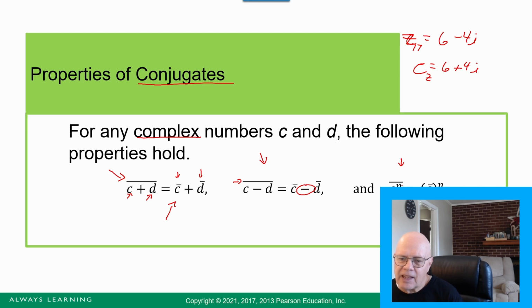This says if you've got a complex number to some degree and take its conjugate, so you start with this and find the conjugate, another way of doing the same thing is take the conjugate of the number before it was raised to a power and then take it to the power. You'll end up with the same result.